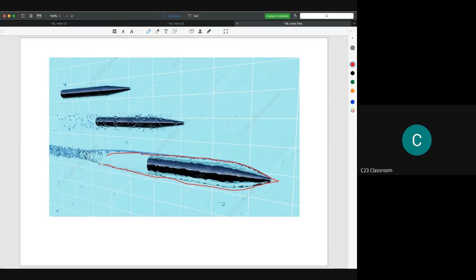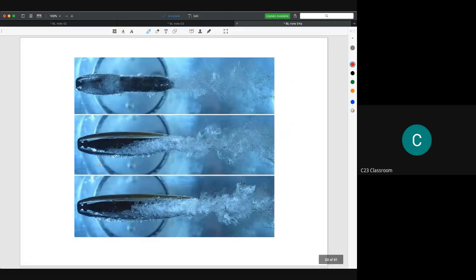That means your bullet or your torpedo will move faster in water. But if you do this in water, you need a very high speed, maybe at least Mach number velocity. So this is the idea of the supercavitation pictures.